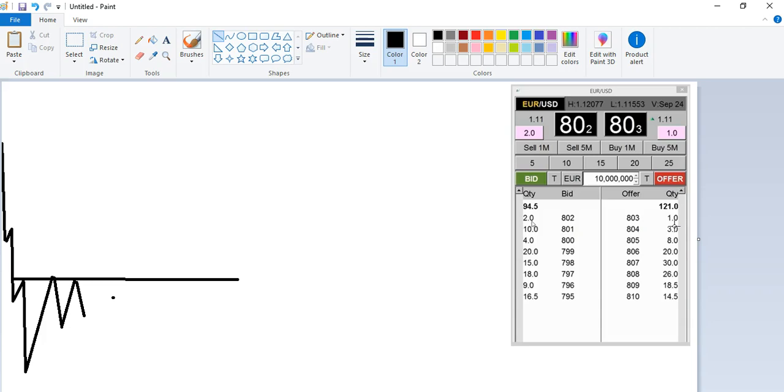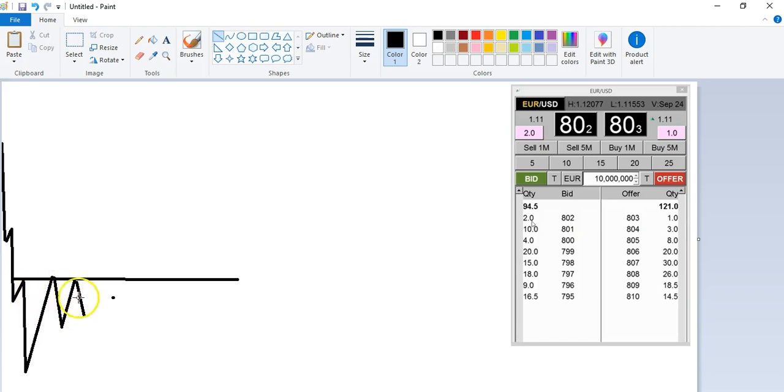First, I want to define trap bait traders. On the screen, what you see here is probably a bearish market, probably under accumulation. I'm going to get into the idea of accumulation later.